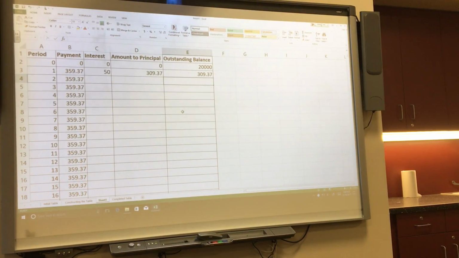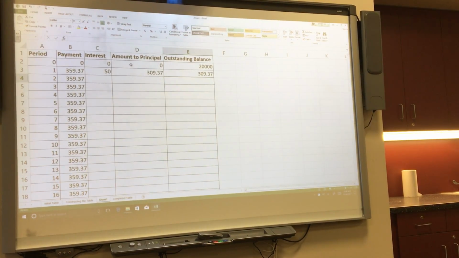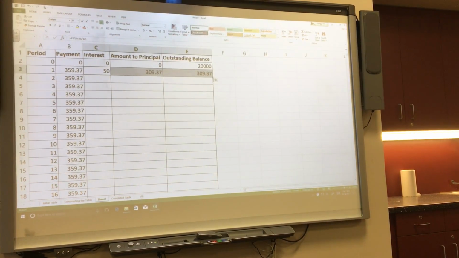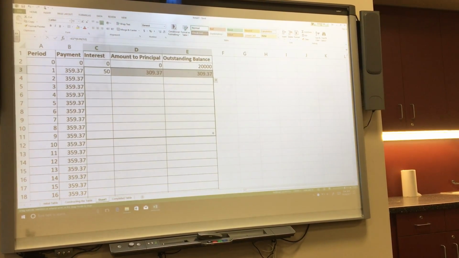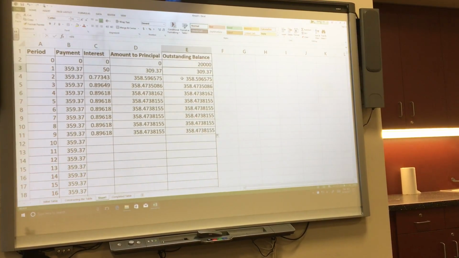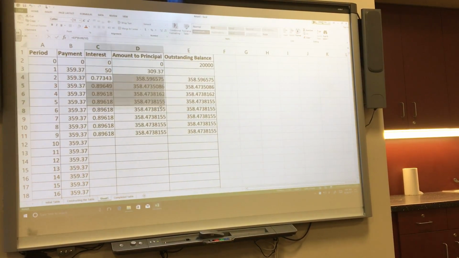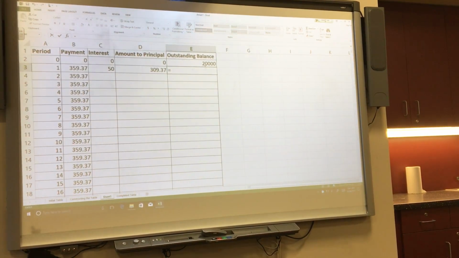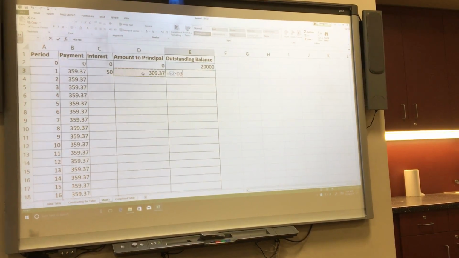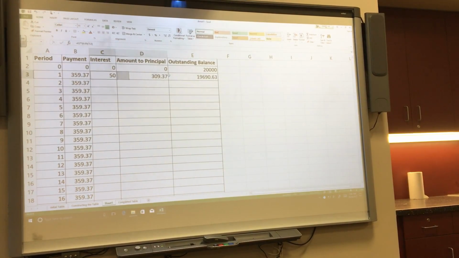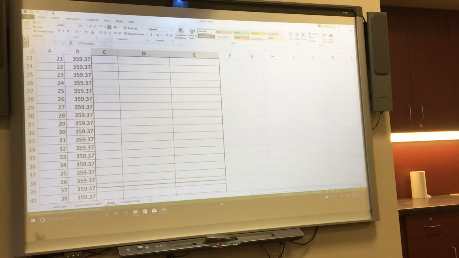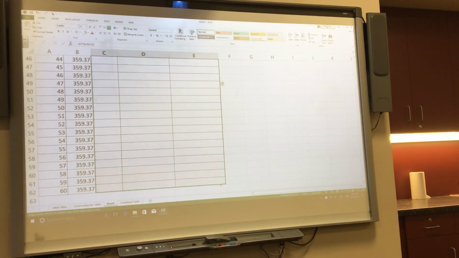All right, once we have our first row taken care of, I'm going to highlight those three numbers I just did and fill all the way down to the bottom.